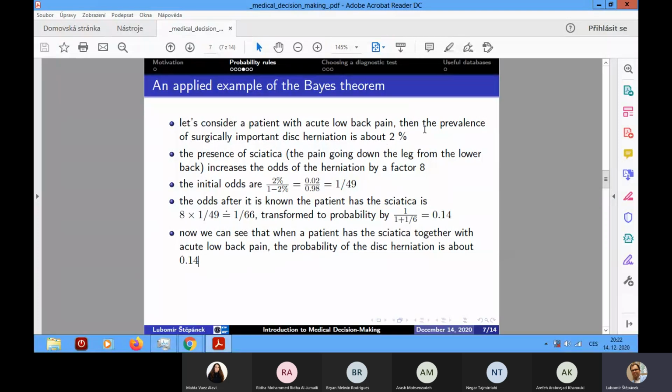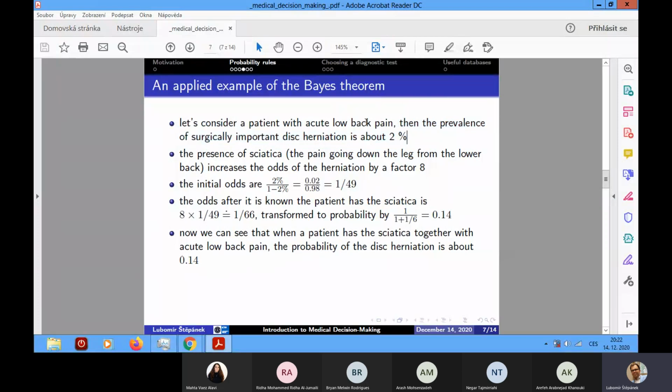Because 2% is like the prevalence. I would say that me or you at this moment, for example, sometimes both of us get back pains, so it could be said that our prevalence of having this degeneration is about 2%. It's like the general population prevalence.